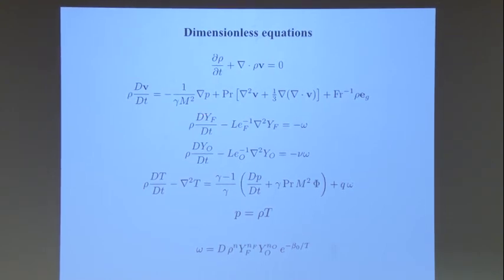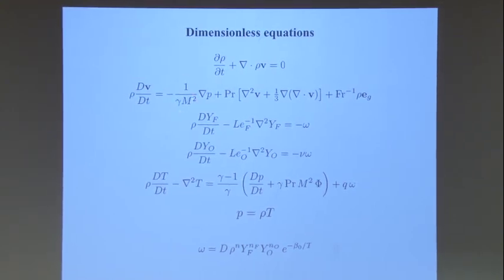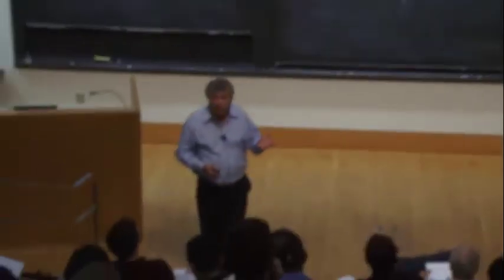Another parameter that appears here is in front of the pressure. Very often in fluid dynamics, we refer the pressure to the dynamic pressure. Well, here we did not. Remember, we scaled pressure with P naught, the ambient pressure, and the density and velocity and so on with rho naught.